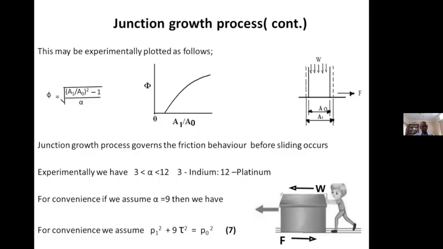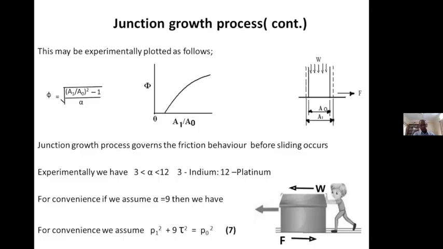So for convenience, if we assume alpha is equal to 9, then in this equation on the left-hand corner, phi in terms of A1 by A0, you'll find out that it levels out around A1 by A0 equal to 5. That means when the junction grows about 5 times the initial area, then the friction factor or the tangential factor nearly levels out if you assume alpha equal to 9.